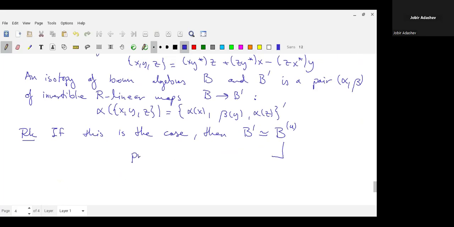And this is the principal isotope of B with respect to U in B. And in order not to burden this talk with details, I will just say that there is a concrete formula for this. I will not give the concrete formula.